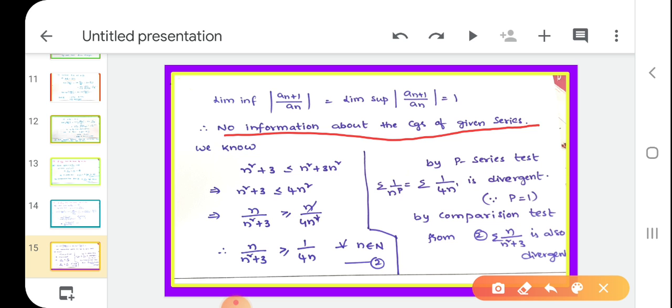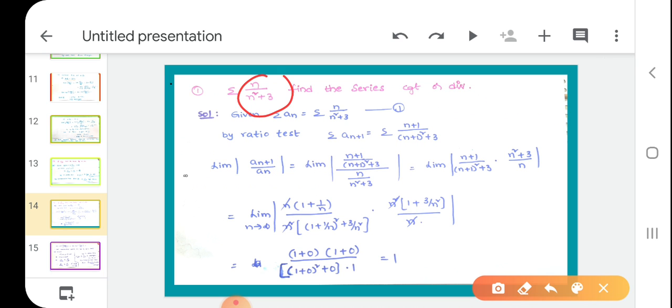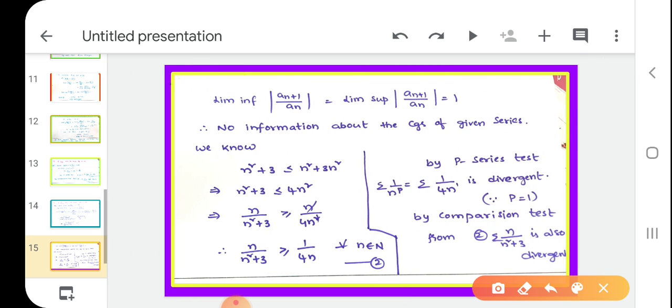So I take another method. See, what is the series here? n by n square plus 3, our given series. Now I take the value of n square plus 3. Is n square plus 3 less than or equal to n square plus 3n square?